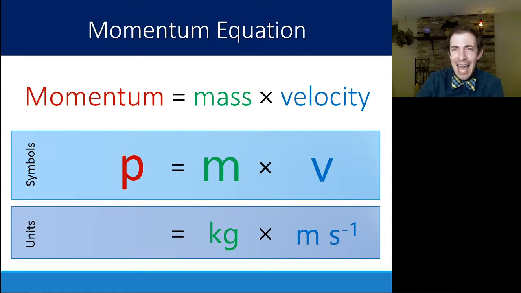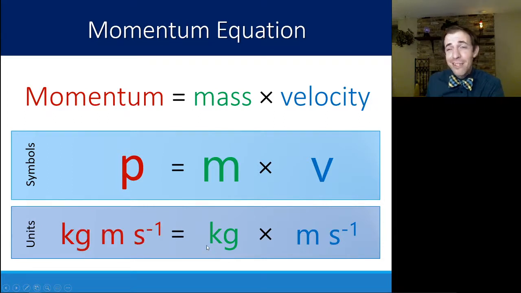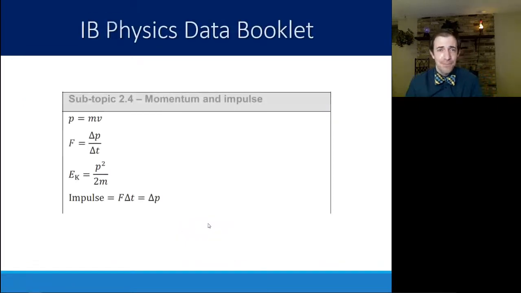Momentum doesn't have a derived unit. Instead, we are just going to keep all the units here and say that momentum is measured in kilograms times meters per second, so kg m s^-1. If you ever forget, you can just plug in the units to this equation, mass times velocity, and what it gives you is your unit of momentum.